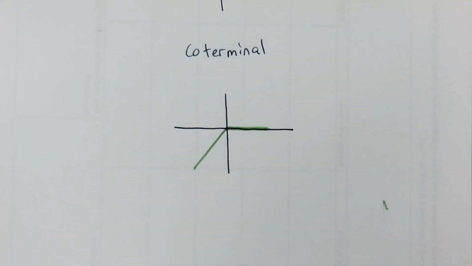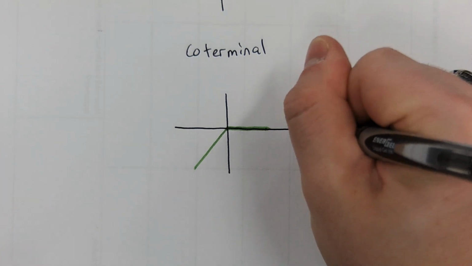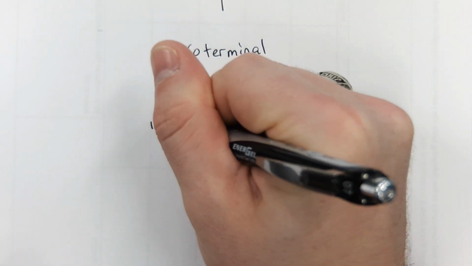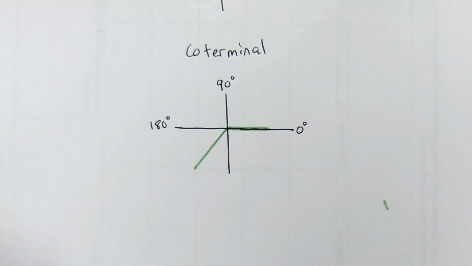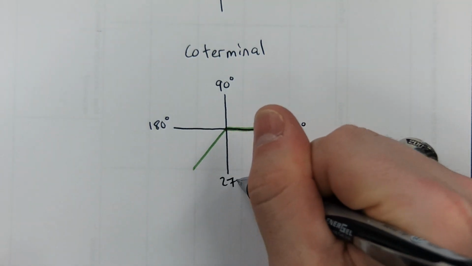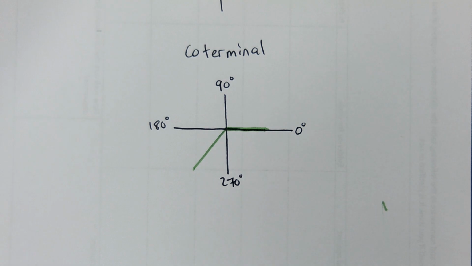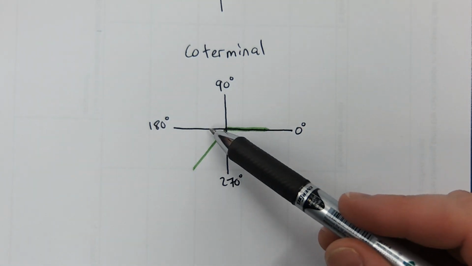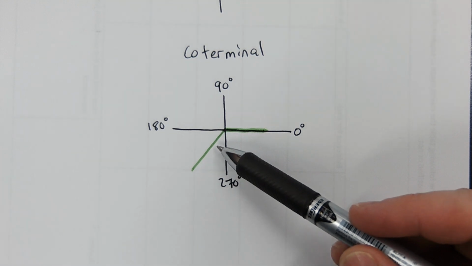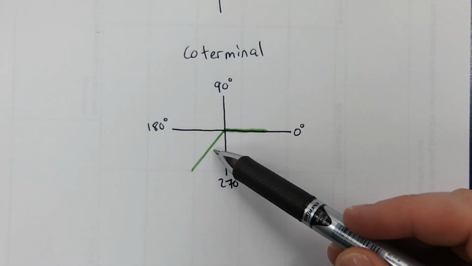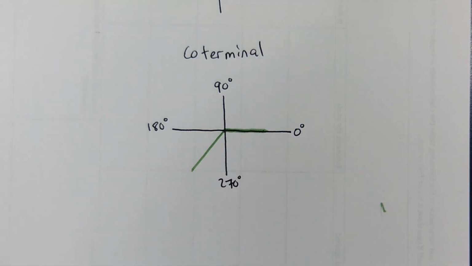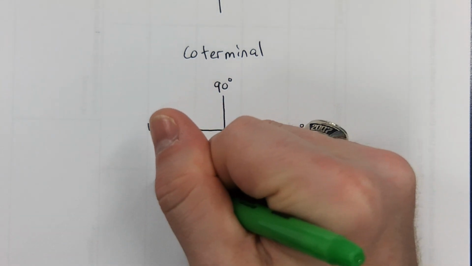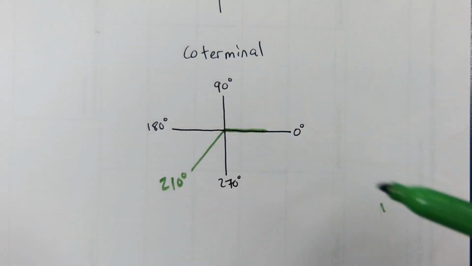And I say, okay, if this is 0 degrees, this is 90 degrees, straight line, 180 degrees, 270 degrees. Let's just say that this is 30 degrees because that's one of our special angles, past 180 degrees. So let's just say the way this sits, this angle is a 210 degree angle.